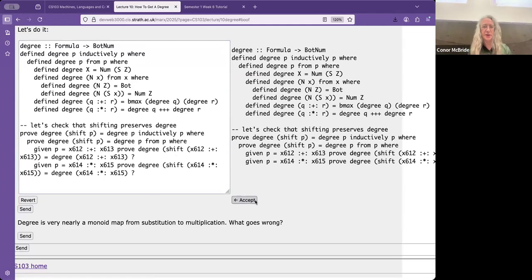Right. And you'll see that works out okay, except we get terrible names, which I'm going to change because I've got time.